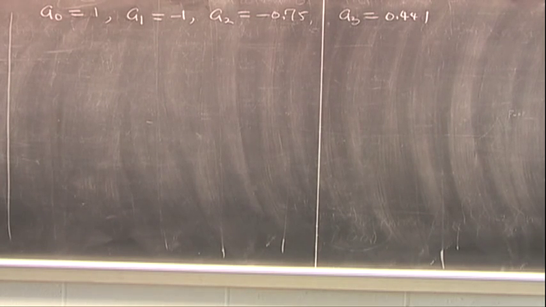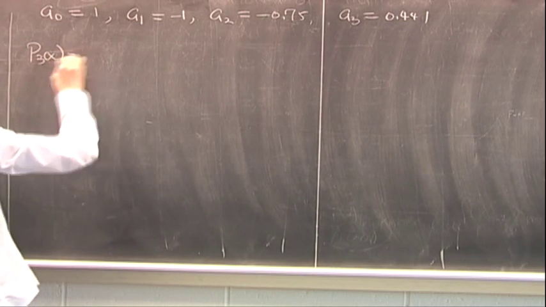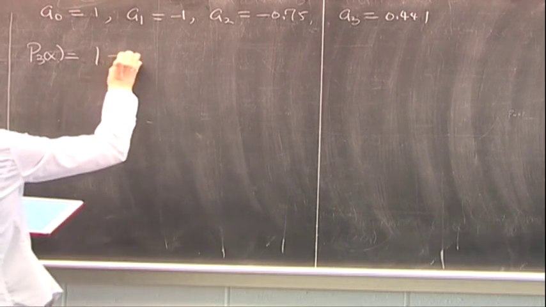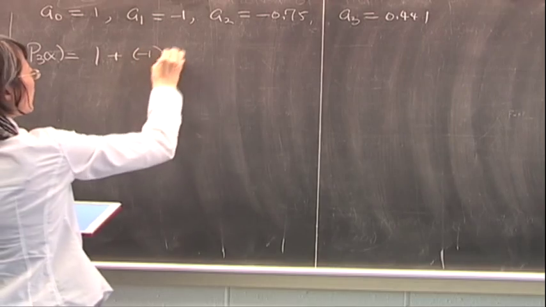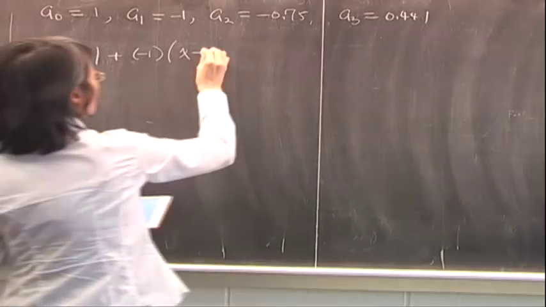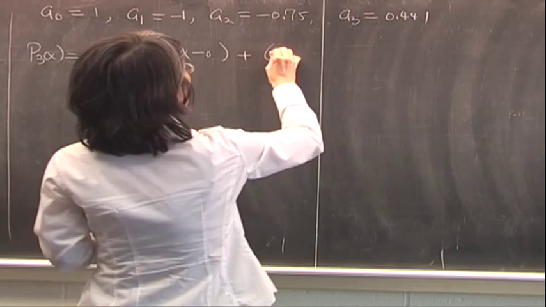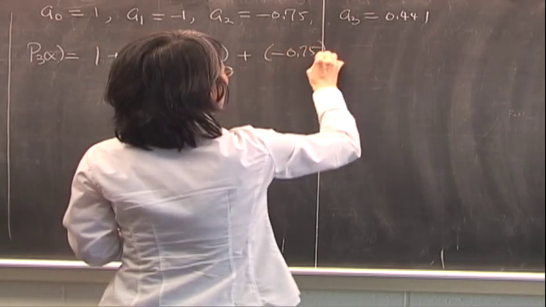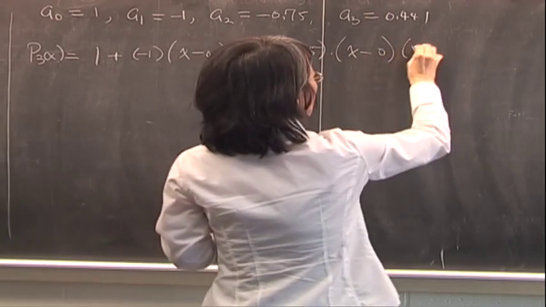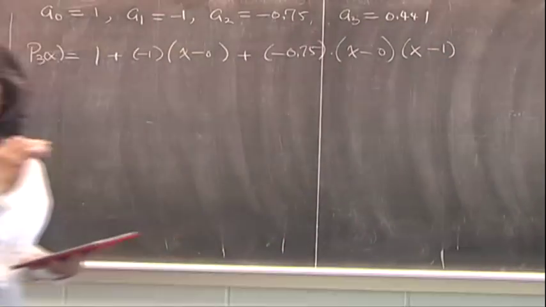Okay, so can we form this polynomial? What will it be? A0, which is 1, plus A1, which is -1, times x minus x0, which is 0. Is that right? Plus A2, -0.75, times x minus x0, x minus x1, which is 1, right?